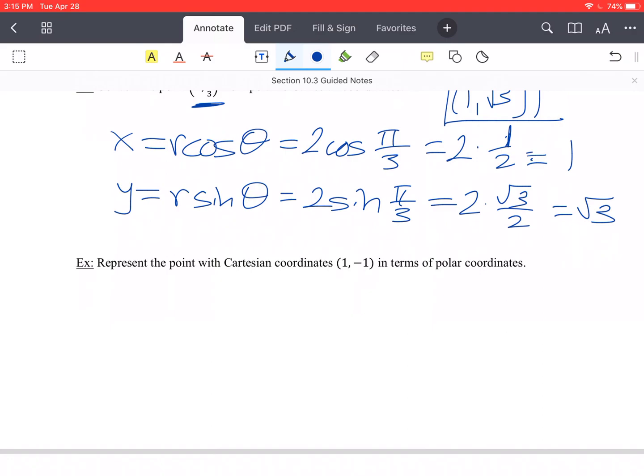So we know that r squared equals x squared plus y squared. So that's going to be 1 squared plus negative 1 squared. So that's just 2, so r, taking the square root of both sides, is the square root of 2.